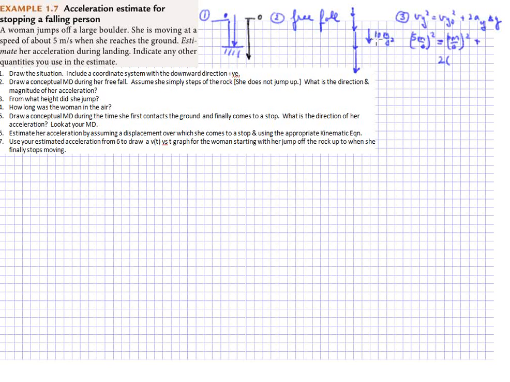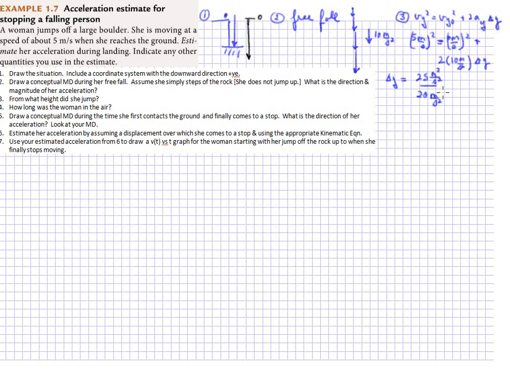Okay, so my acceleration is in the positive direction according to my axis. So that's going to be 10 meters per second squared times delta y in meters. So if I solve that equation for delta y, I get 25 meters squared per second squared over 2 times 10, 20 meters per second squared.